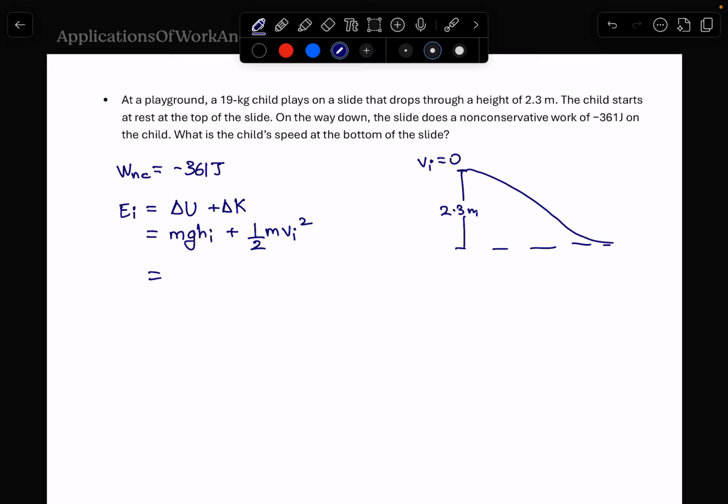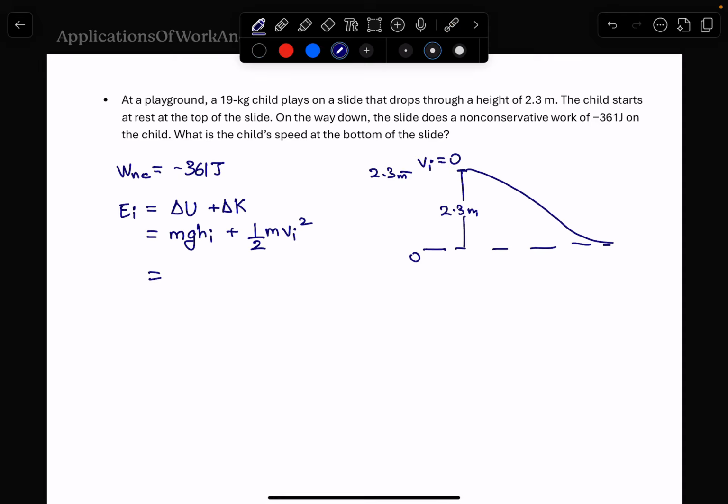Let me consider this my 0 and this 2.3 meters, right? So I set my height as 0 at this point. So the initial height will be 2.3.